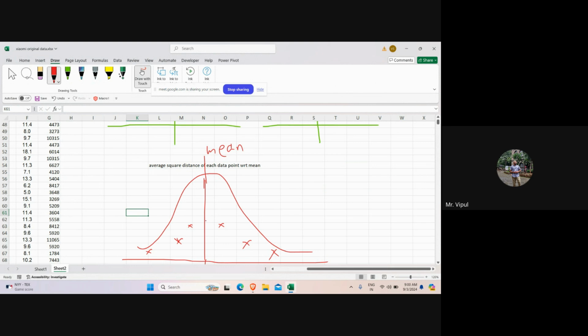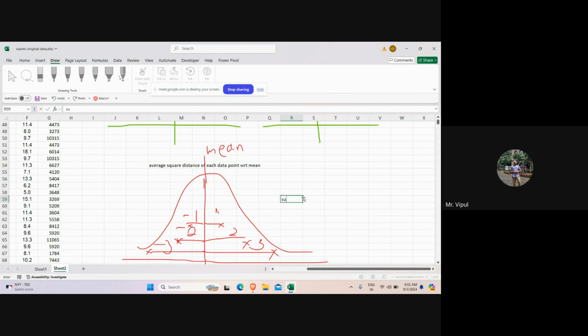The distance of these data points is positive: this is 1, this is 2 and this is 3, right? On the other hand, if you go to the left hand side, the distance is negative. So let's say this is -3, this is -2, and this is -1.